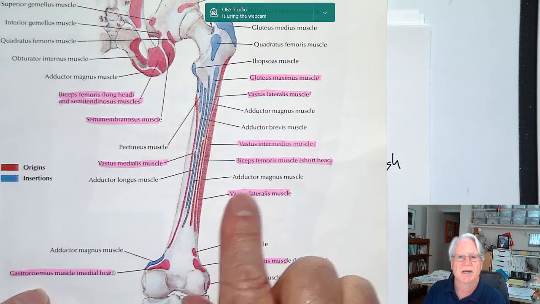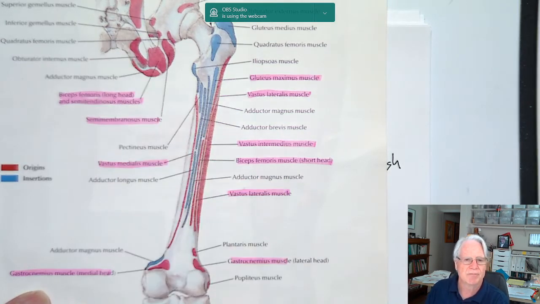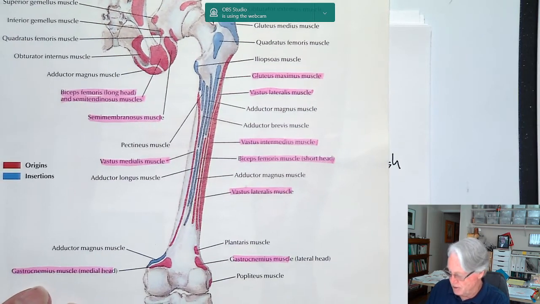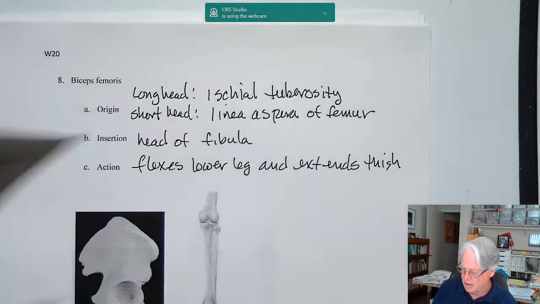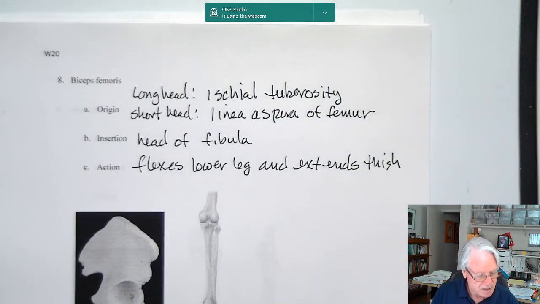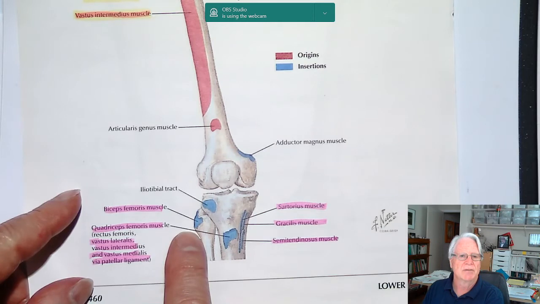That's why it's called biceps, two heads, one head here, one head here. And then it inserts on the head of the fibula, and let's see where that is. There it is. Head of the fibula, biceps femoris.